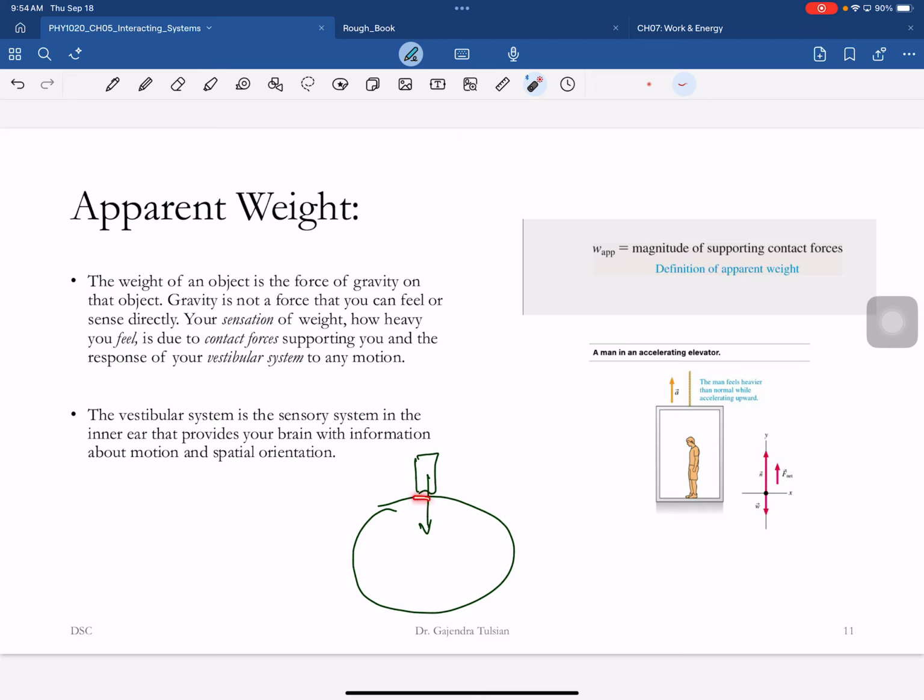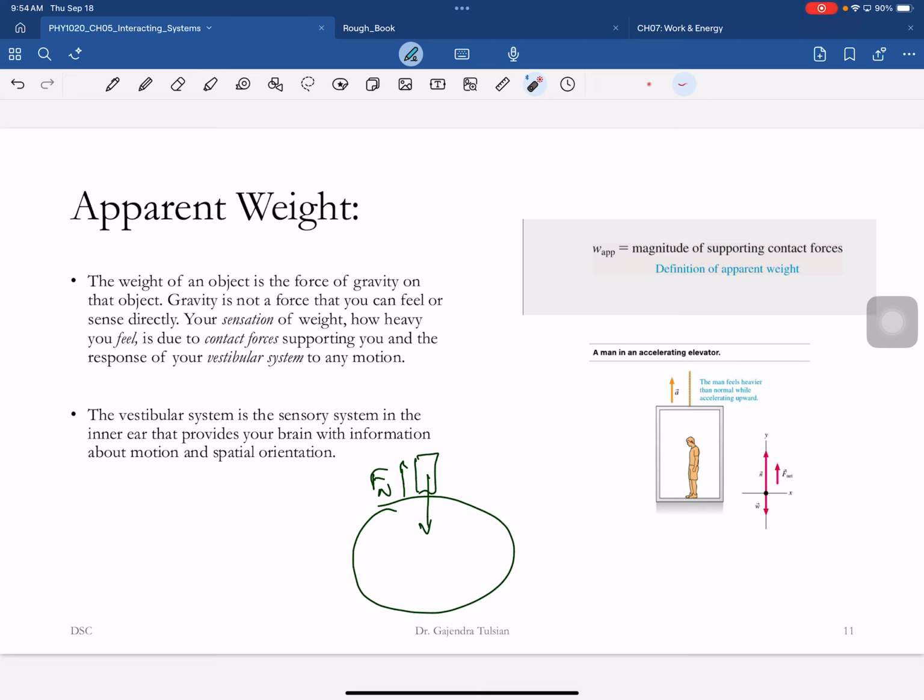When you're standing on Earth, the Earth is pushing you up, and that's why you're not falling through. This is what you feel, and this is your apparent weight. Your apparent weight is the force with which the ground is pushing you up, the force with which your chair is pushing you up right now.